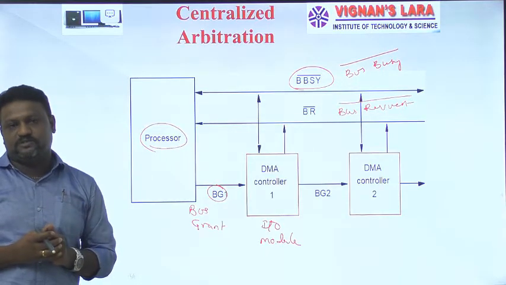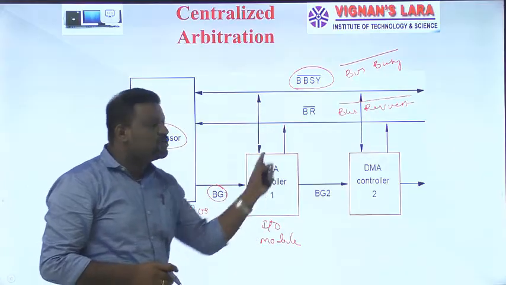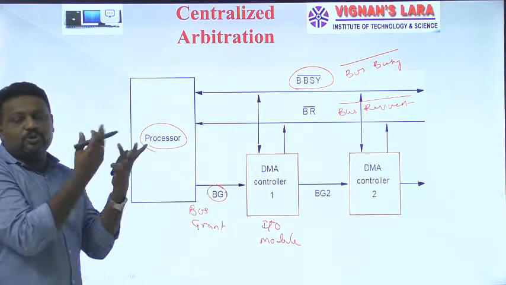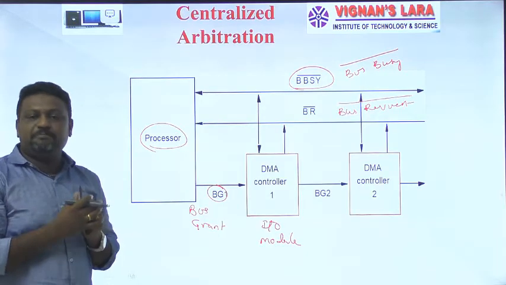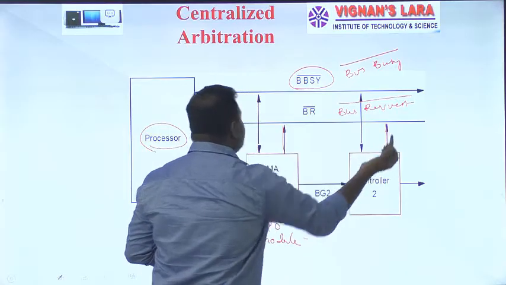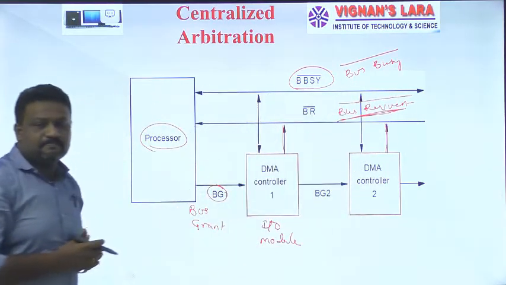In most cases of centralized bus arbitration, the single arbiter is nothing but a CPU or a processor. The devices, that means your DMA controller 1 or 2, send a request signal to the CPU to use the bus. The DMA controllers send their request signals with the help of a common signal which we can call bus request.